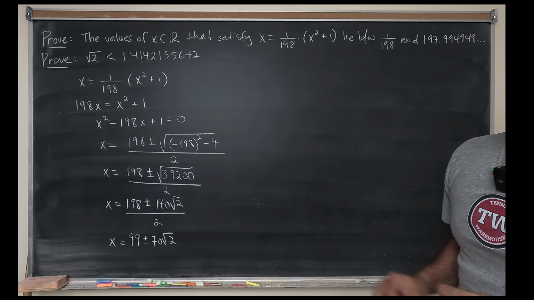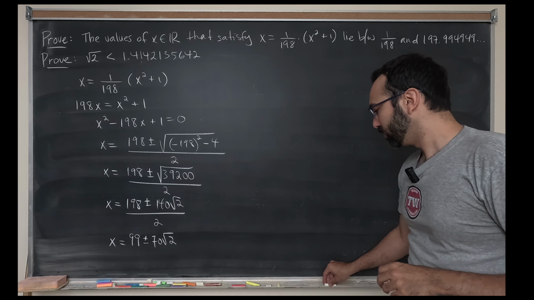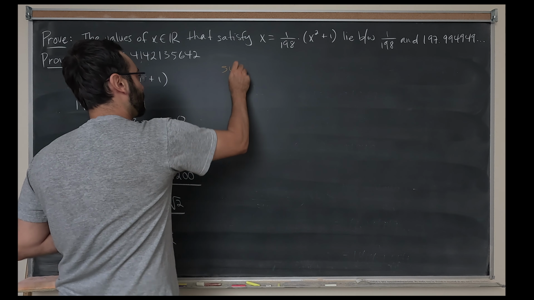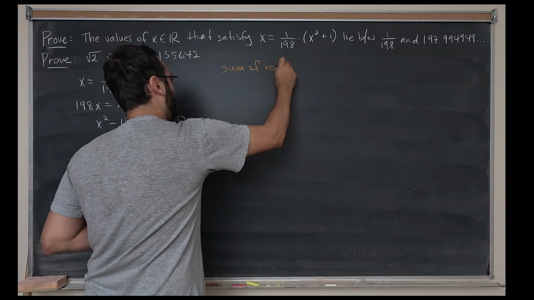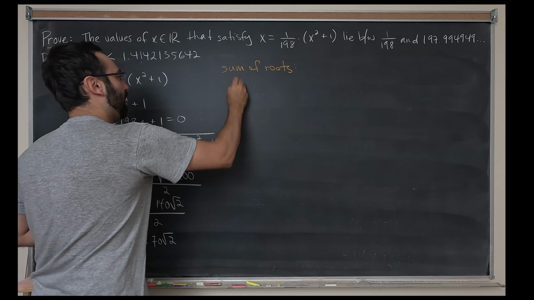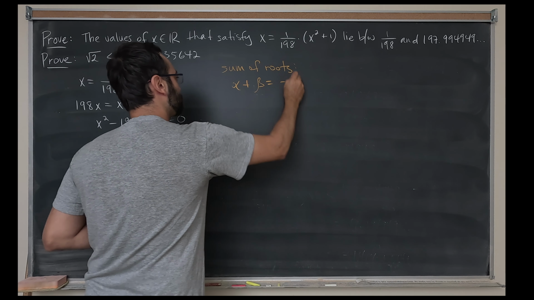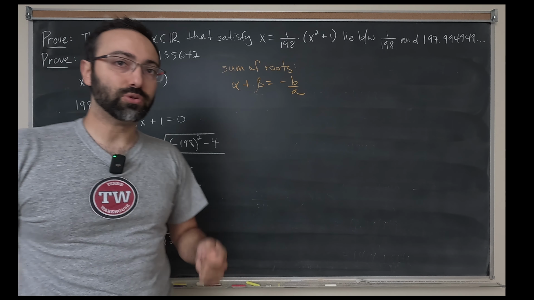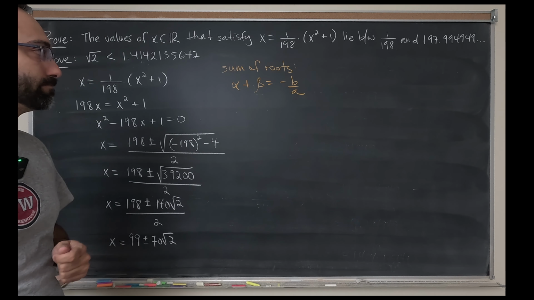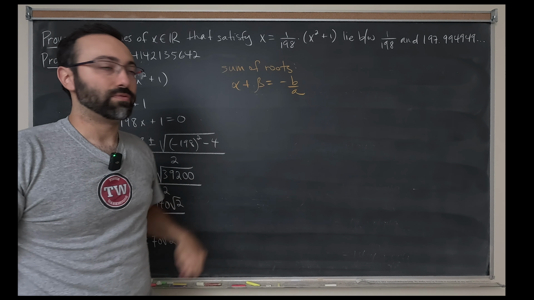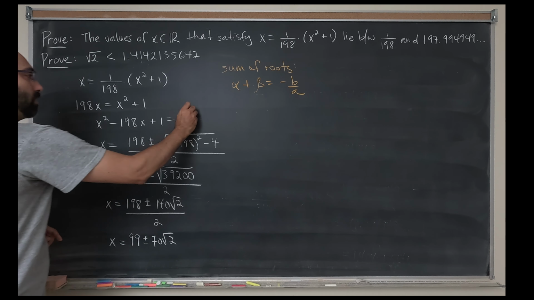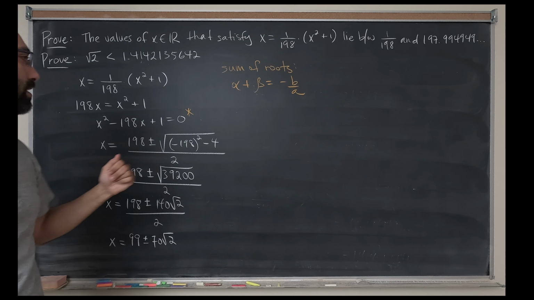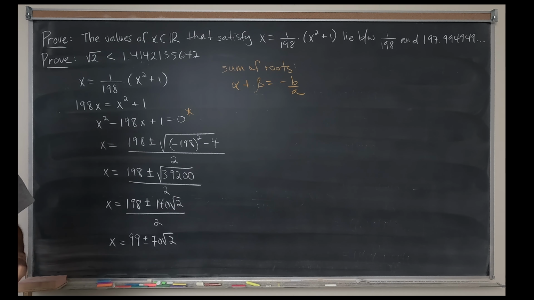Well, we know from quadratics that we can take the sum of roots to be alpha plus beta equals negative b over a. So here alpha and beta are roots of the quadratic equation. B and a are the coefficients of our quadratic equation, b being negative 198 and a being 1.